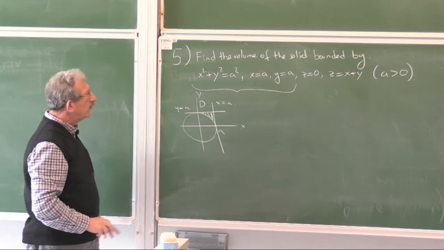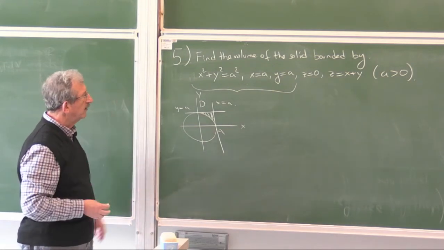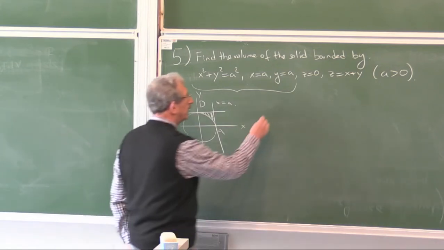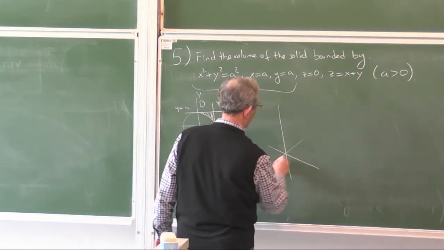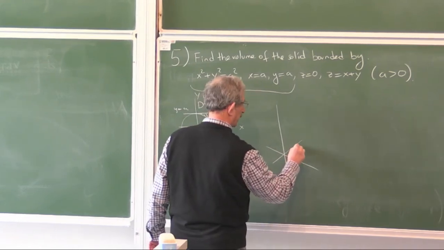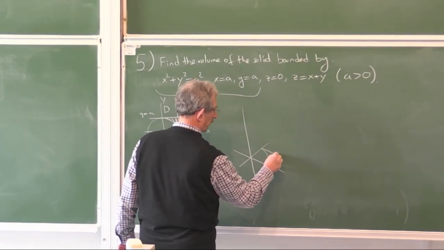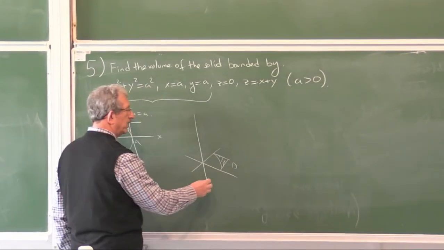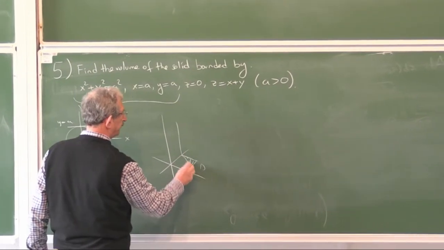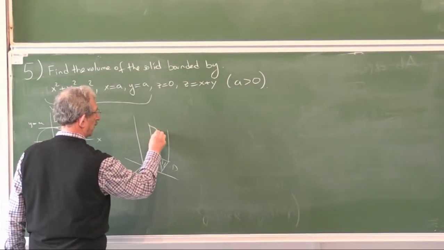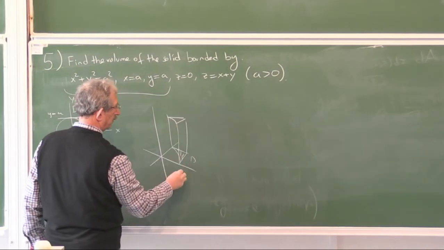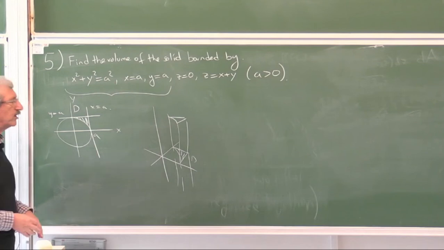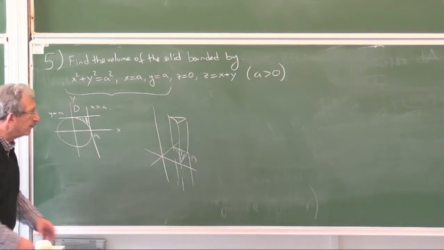Now, what happens to the whole thing? Well, if you move this vertically up, clearly you get the following. So this is our D now. If you move it vertically up and down, you get something like a triangular shape going up and down.